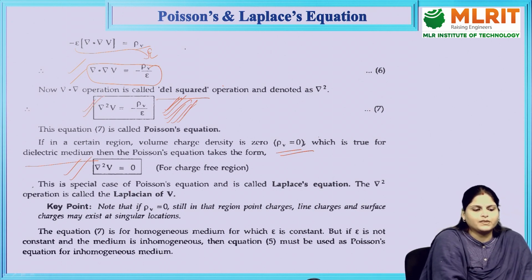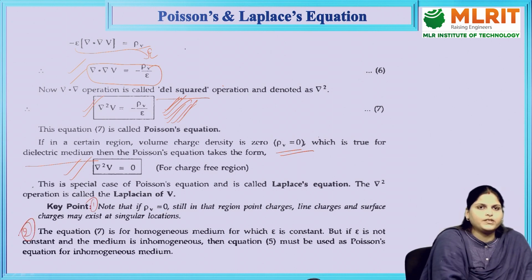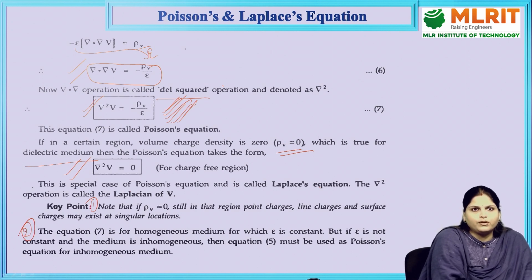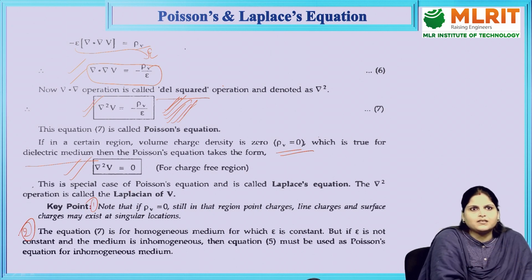There are one or two key points we can take from this. If rho V is equal to 0, still in that region a point charge, line charge or surface charge may exist at a singular location. Another point: equation number 7 is for a homogeneous medium for which epsilon is constant.